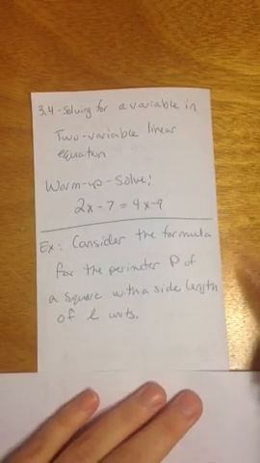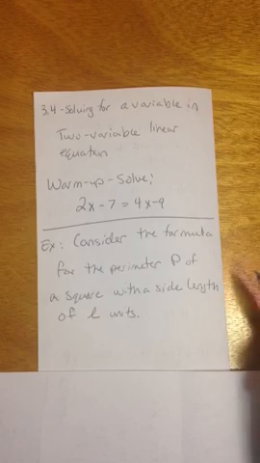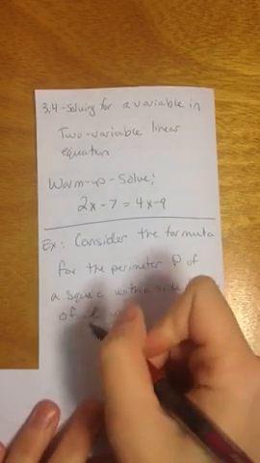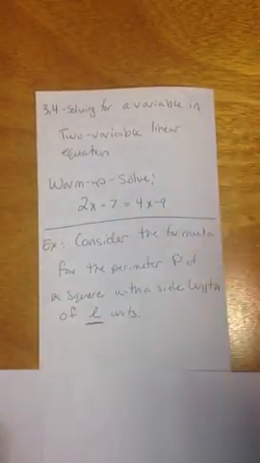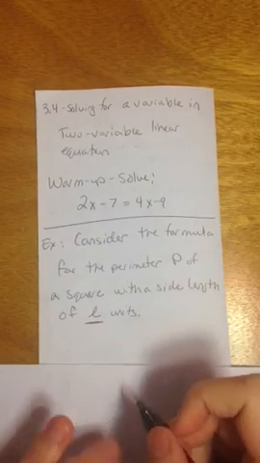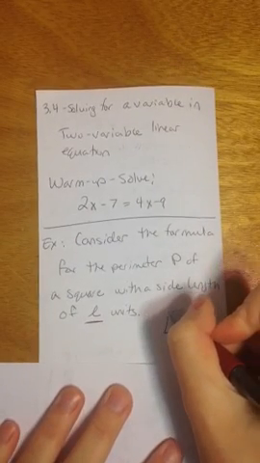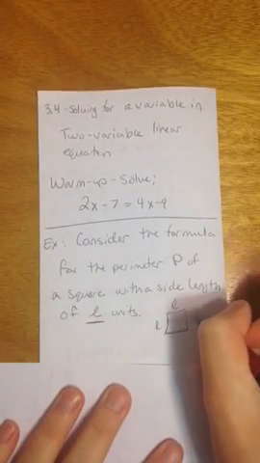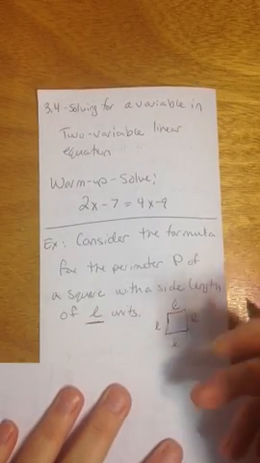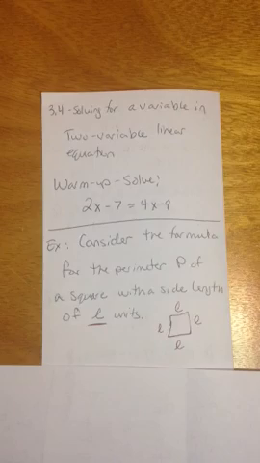It says, consider the formula for the perimeter of a square with side length of L, units. I usually write fancy L's when it's just by itself. If I think of a square, and each side is L, remember perimeter is adding up all four sides, or adding up all the sides depending on what your object is.